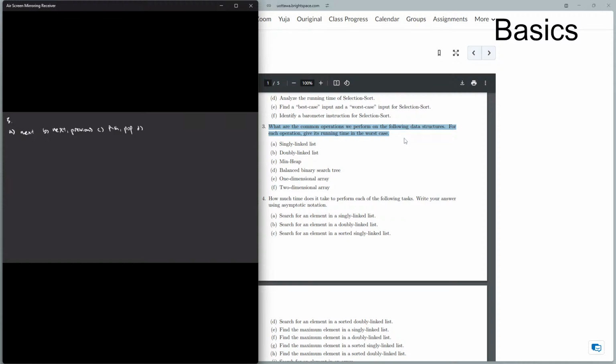I mean, you can really just go left to right. One dimensional array. Like, we have operations. I mean, we can insert, we can pop.